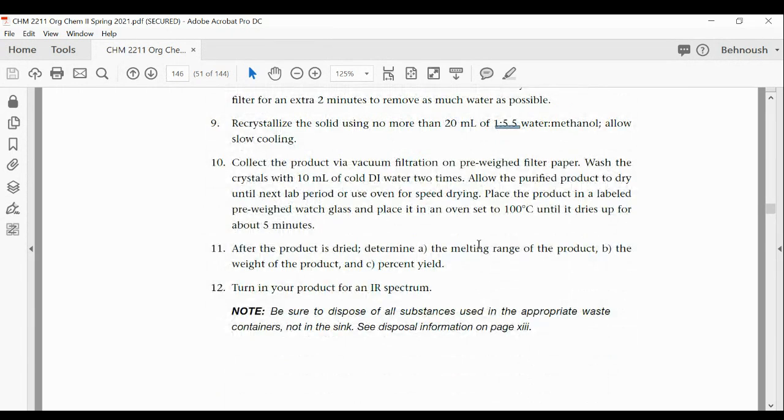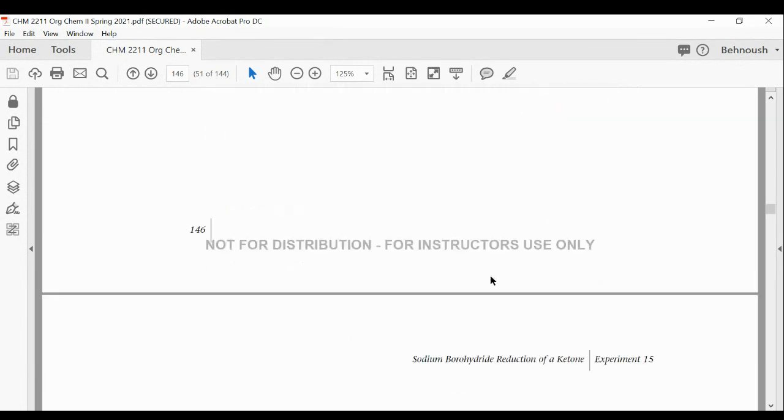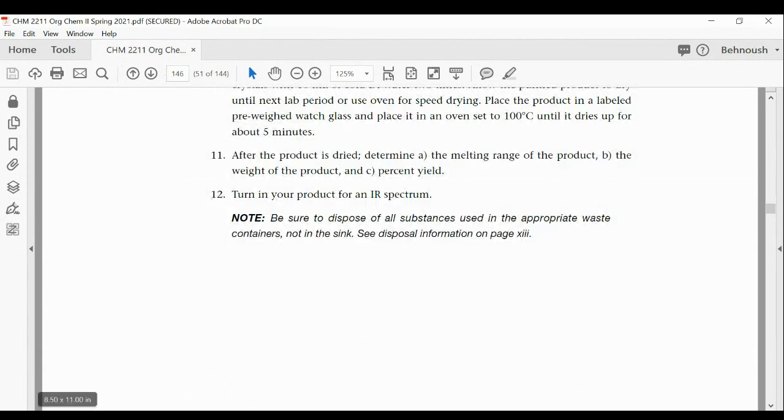And after the recrystallization, you are going to vacuum filter it, dry it for like 5-10 minutes in the oven at 100 degrees Celsius, or let it air dry for complete drying, and measure the mass, calculate percent yield, and the IR spectrum should be in the folder already, and I will double check it now.